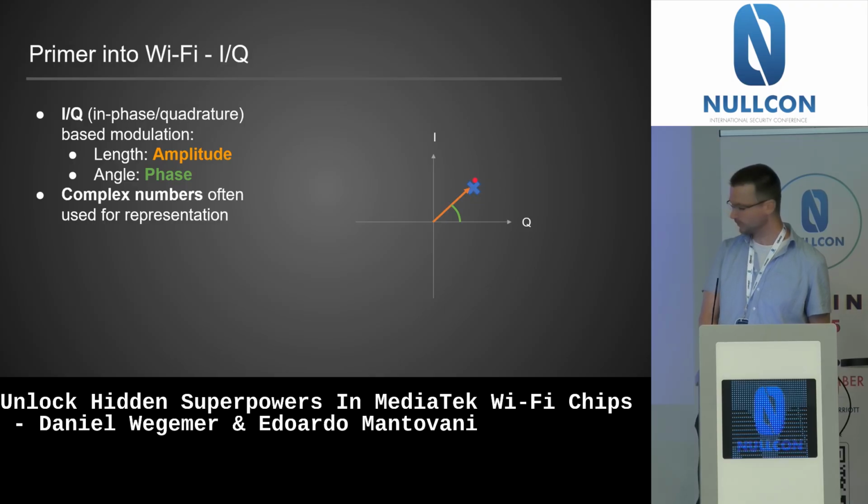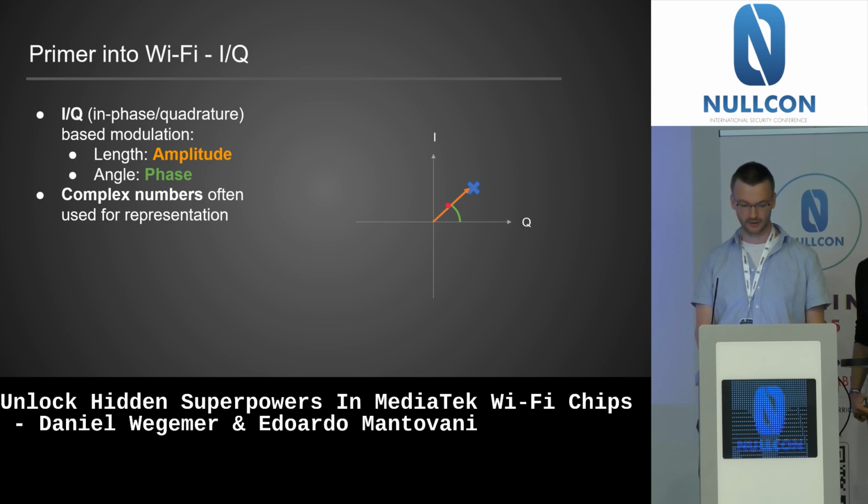And then after we have this cross, we can have a vector starting from 0, 0 towards this cross. And then the length of this vector will be equal to the amplitude we received for this signal. And then the angle of this vector starting from the x-axis, this will be our phase. So this way basically we can get towards modulating data.